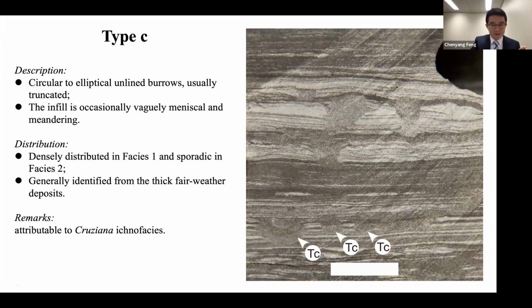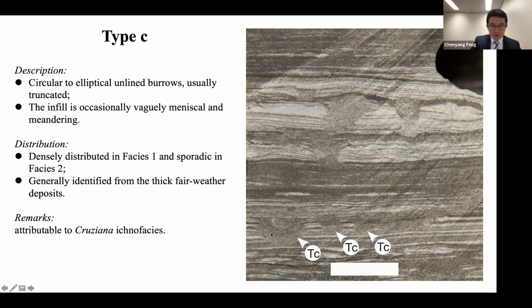Type C is different. They are always circular to elliptical burrows, and this group of trace fossils is usually truncated, as we can see here, and the infill is occasionally meandering or minuscule.